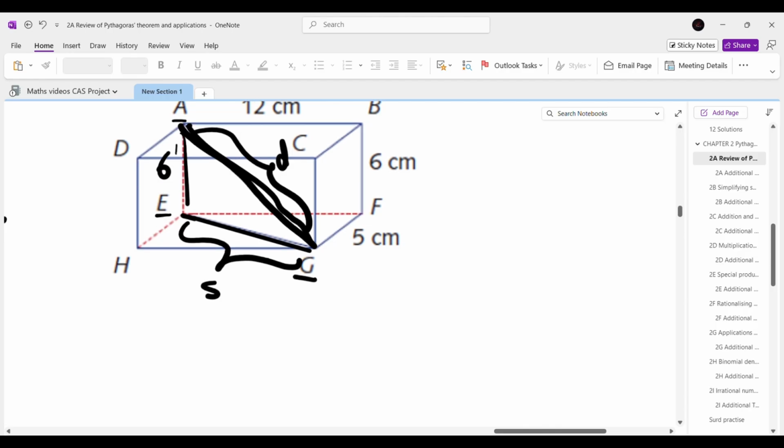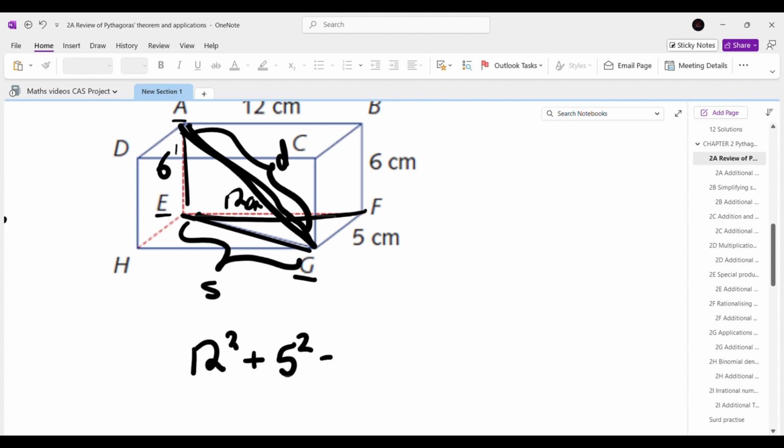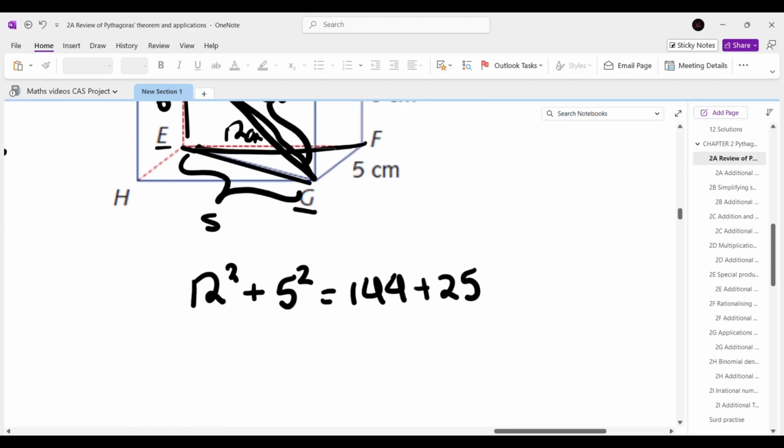In order to find S, we need to use Pythagoras, so you have 12 centimeters and 5, so it's just 12 squared plus 5 squared, so 144 plus 25. This equals 169.